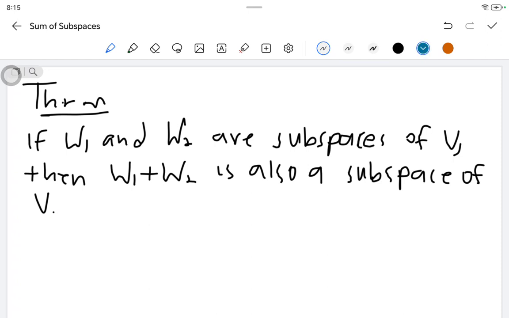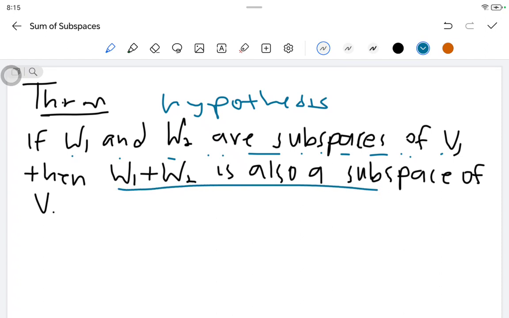Right. So now we're given to prove this. If we try to break this down, we realize that this is the hypothesis, and this is the conclusion.